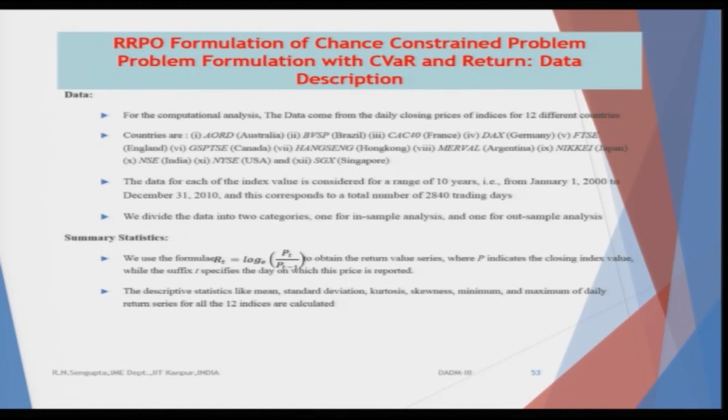The data for each index, that means not individual stocks but the index, which mimics the market to the best possible extent, is considered for a range of 10 years from 2000 to 2010, which corresponds to about 2840 trading days.